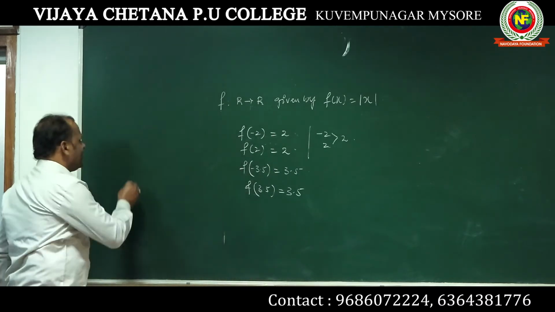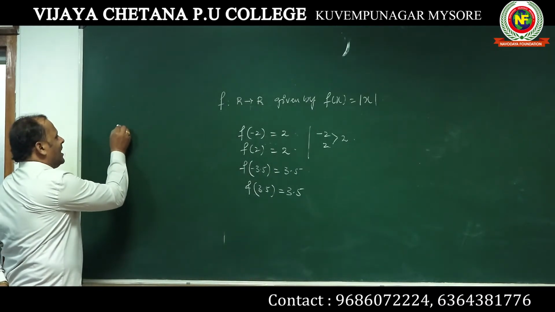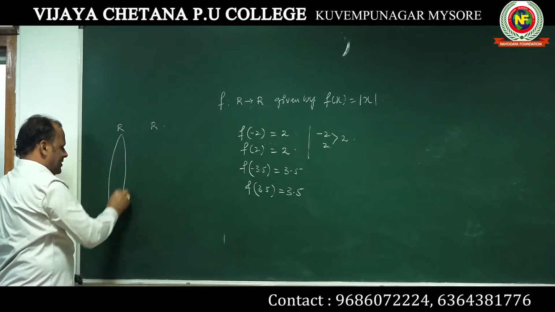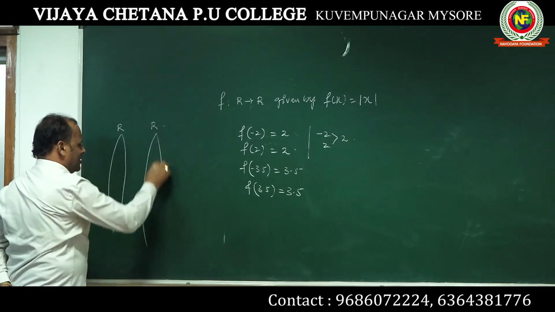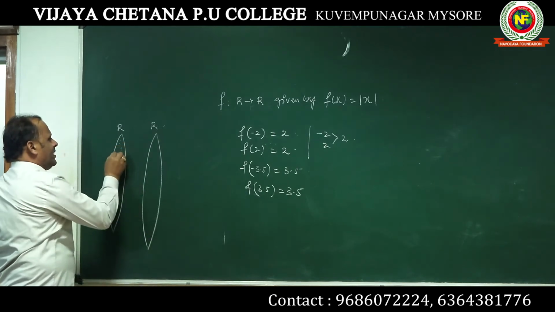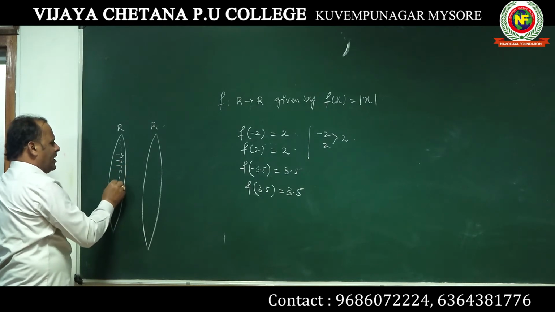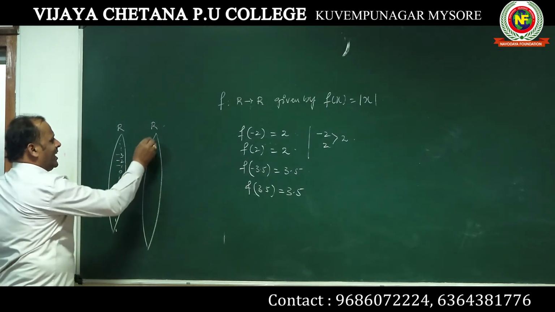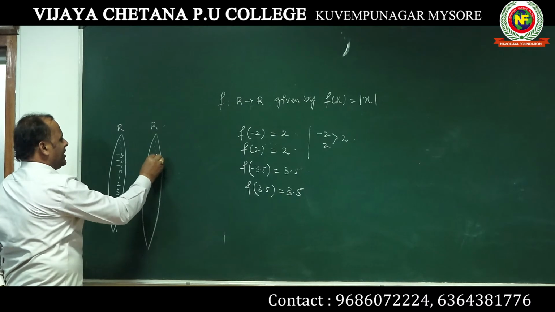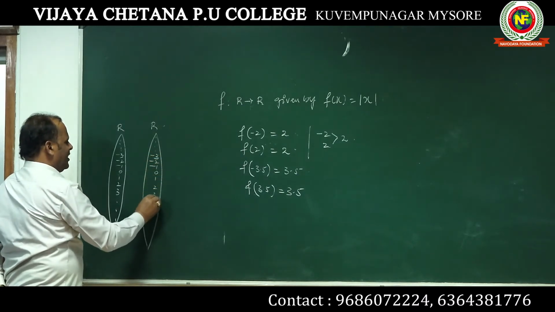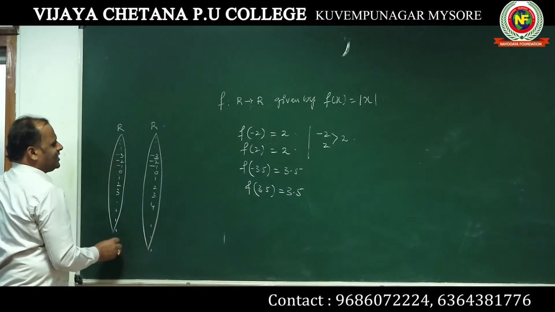I will write here: this is the rational number, this is the real number, and this is the real number. I take the integers here: minus 3, minus 2, minus 1, 0, 1, 2, 3, 4, etc. Listen to me here.